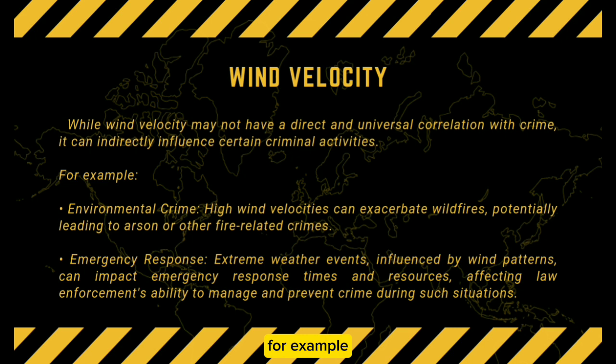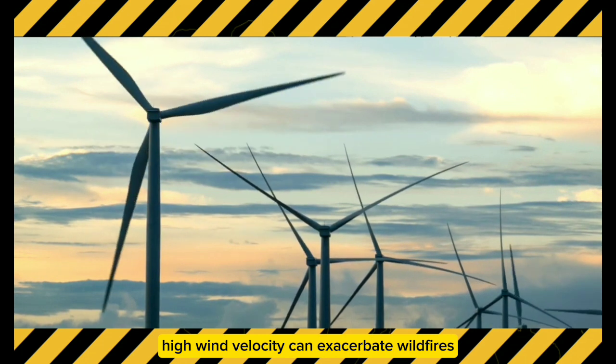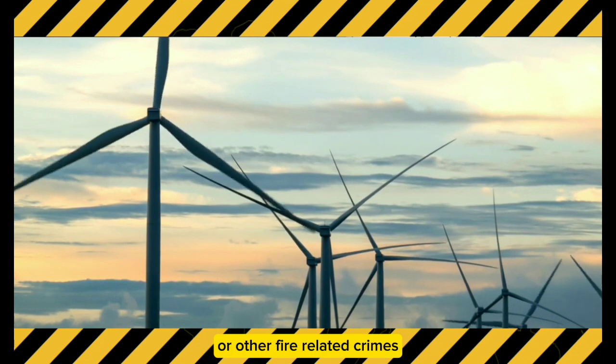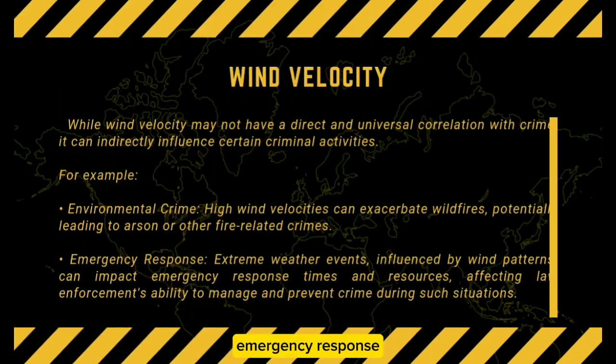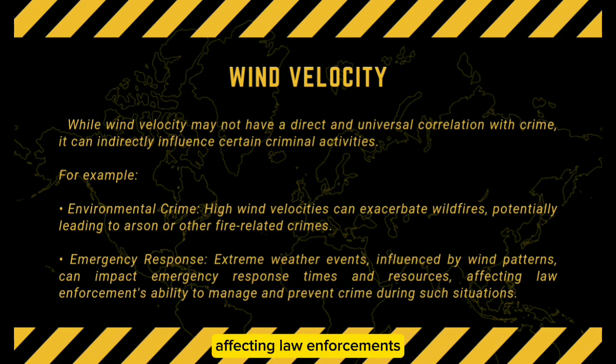For example, environmental crime: high wind velocities can exacerbate wildfires, potentially leading to arson or other fire-related crimes. Emergency response: extreme weather events influenced by wind patterns can impact emergency response times and resources, affecting law enforcement's ability to manage and prevent crime during such situations.